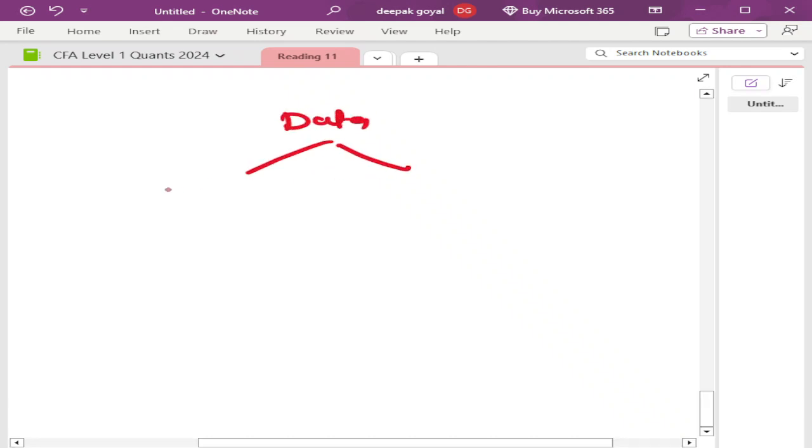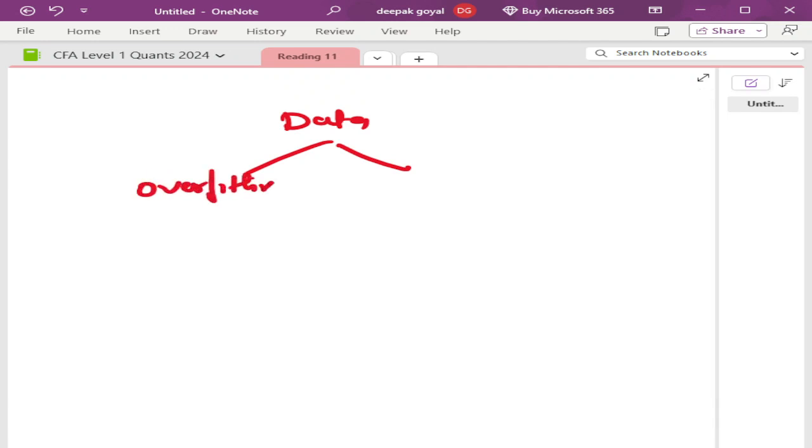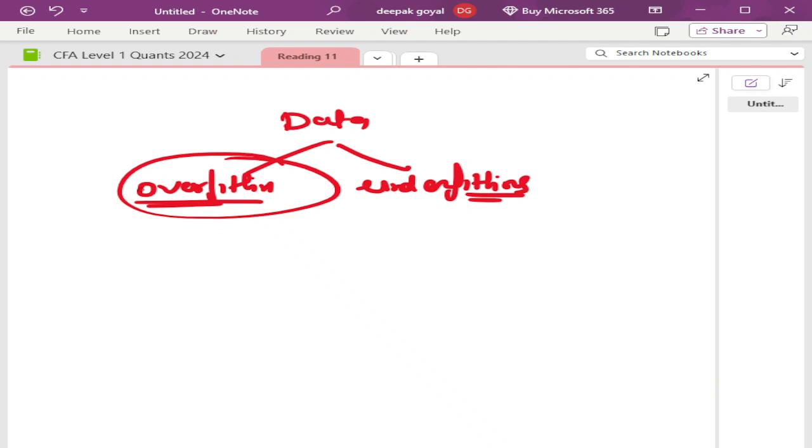Now next we are coming towards the data. Over here we have overfitting and underfitting. First of all, let us understand overfitting, and I'll start with an example so that you will understand the whole of it rather than just going into the textual term.